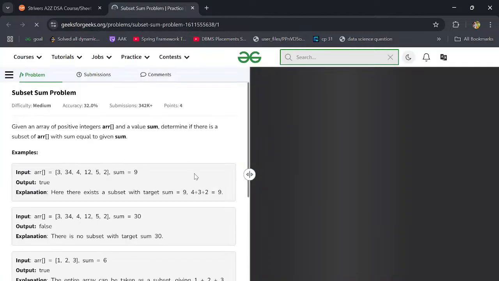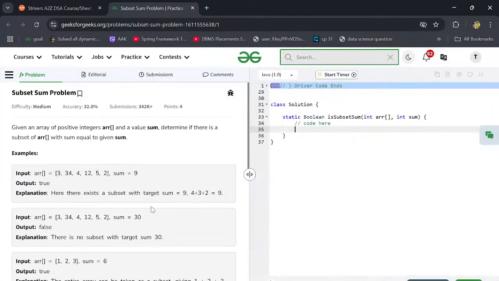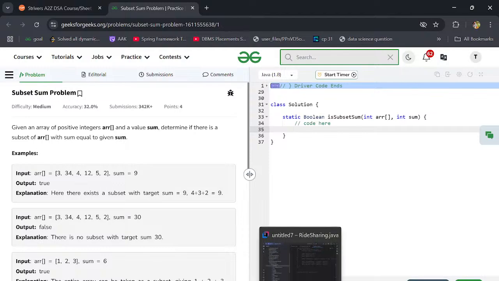Subset sum equal to the target or not? So easy. Choose node-wise. One second, let me set up my tab. Okay, let's go.